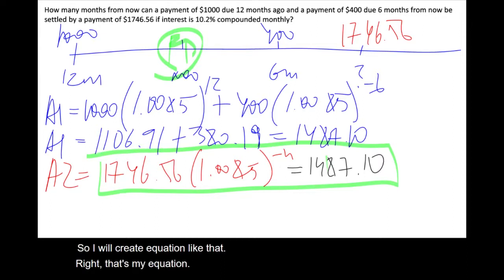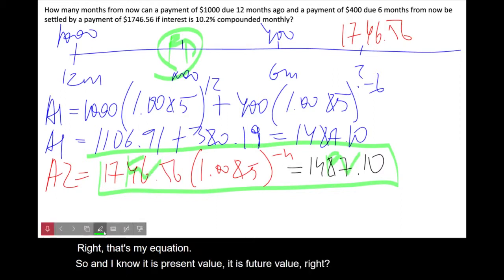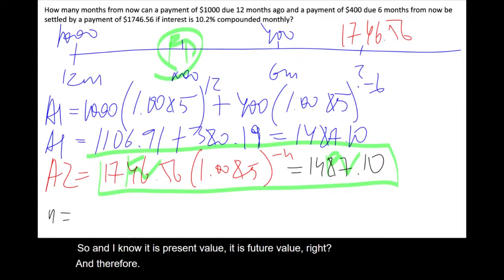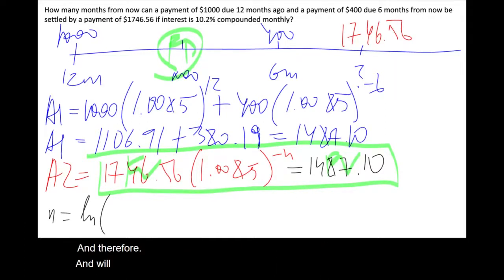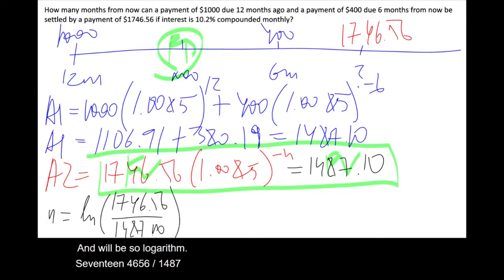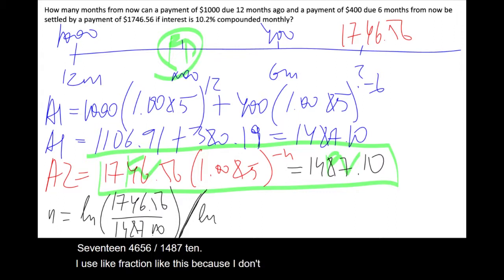Okay. So n, I know it is present value, it is future value, right? And therefore n will be logarithm of 1746.56 over 1487.10. I use a fraction like this because I didn't have space. Logarithm 1.0085. So let's see.